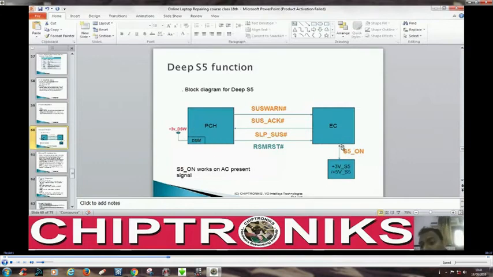From deep S5 to S5 stage, the EC will then generate SUS_ACK. That is, the EC will acknowledge this signal and generate back SUS_ACK.